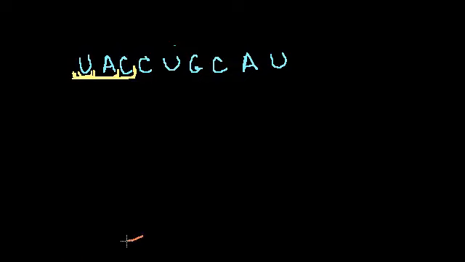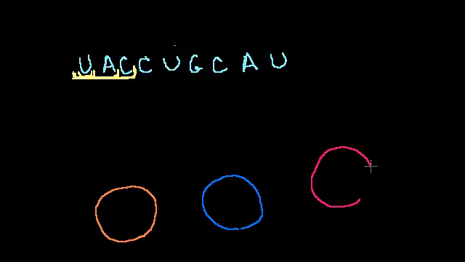So let's say I have some amino acid right here, and then I have another amino acid right here, and then another amino acid like that. They'll be attached to tRNA molecules.